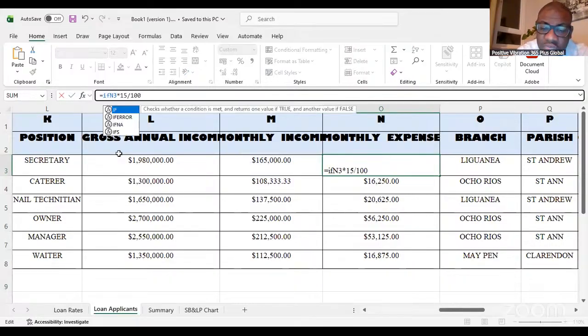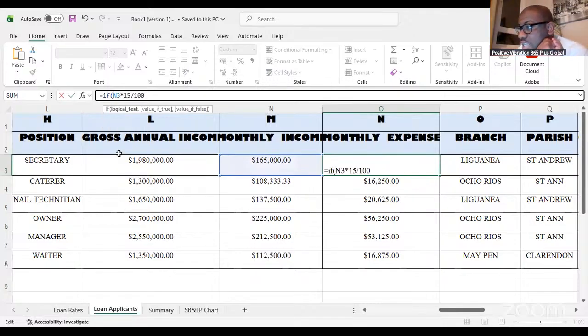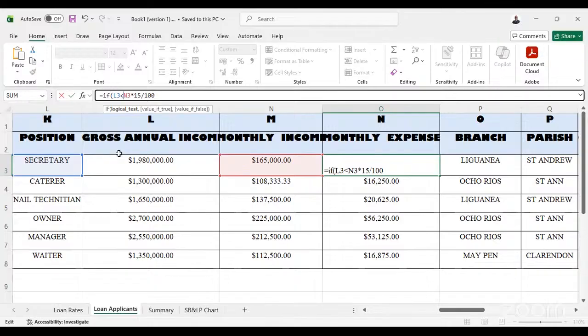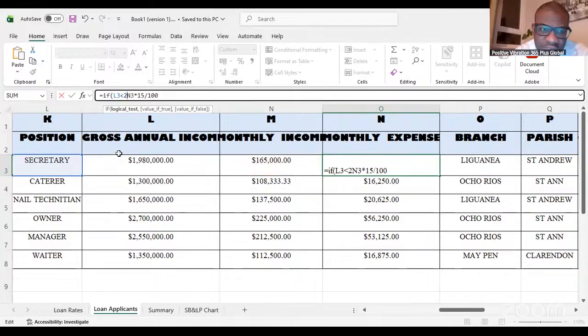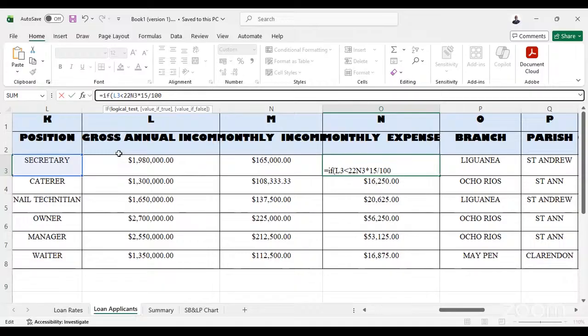So that would be IF, and they say that if the person has less than, for persons with annual income. The annual income would be over here, that's column L, so that would be L3. So if L3 is less than 2.25, so how would that work out in millions? 2,250,000.